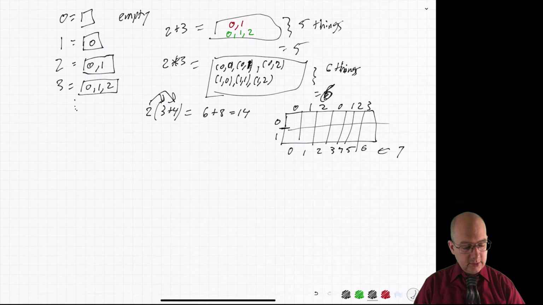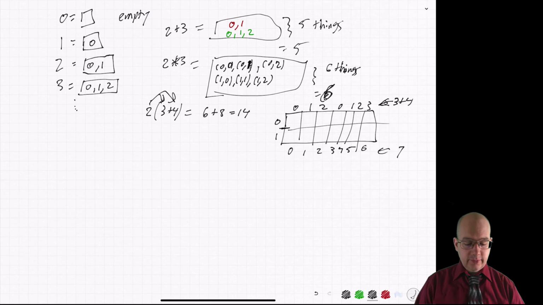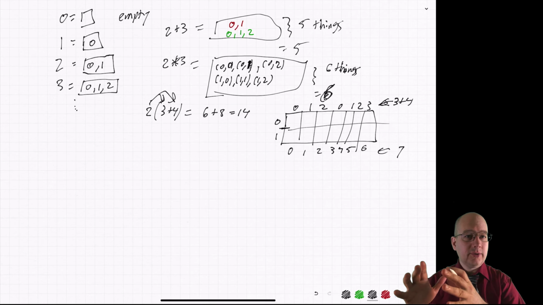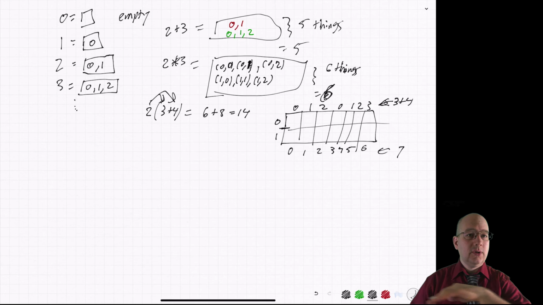So that's 7, and that's 3 plus 4, right? And so that's kind of a pictorial proof of the distributive property. It's basically you can count one side of this large box and then the other, or count everything in a row, everything in the next row, and so forth.